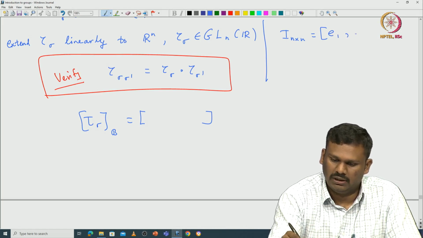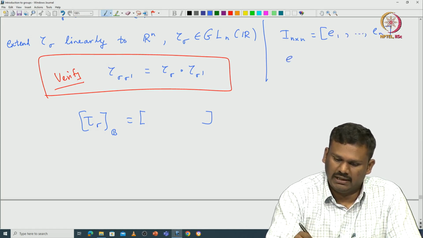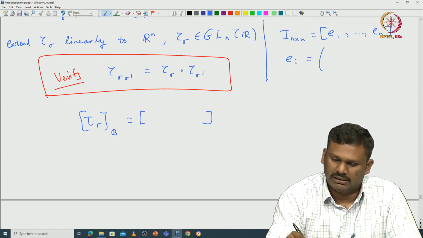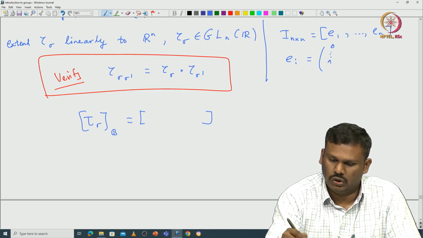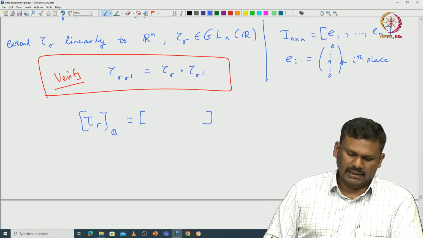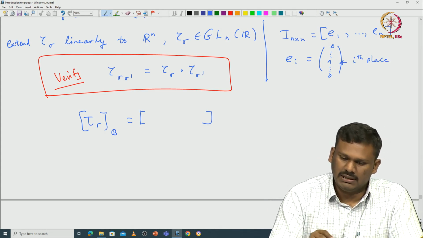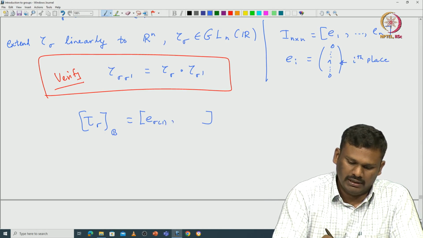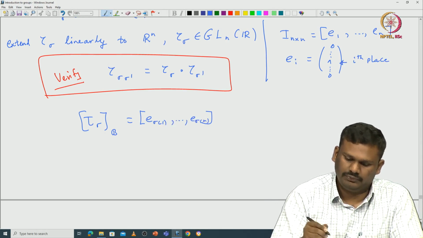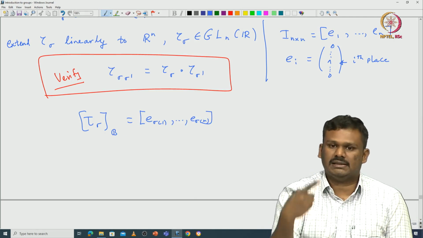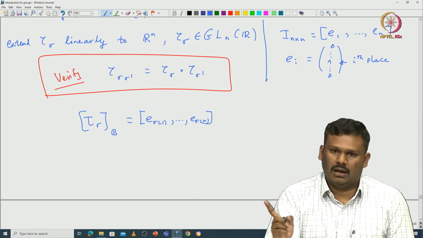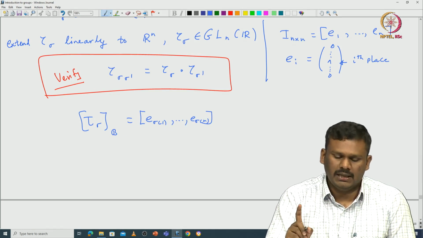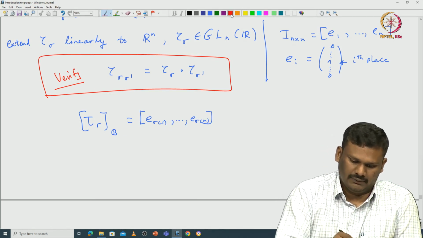You call the columns E1 etcetera En, where Ei is nothing but the ith column of the identity matrix, which is 0 etcetera 1 etcetera 0, where the 1 appears at the ith place. Then it is clear that tau sigma of B is nothing but E sigma(1) etcetera E sigma(n). Basically you take the identity matrix and permute the columns with respect to sigma. Okay. Then that is the matrix that you get here.